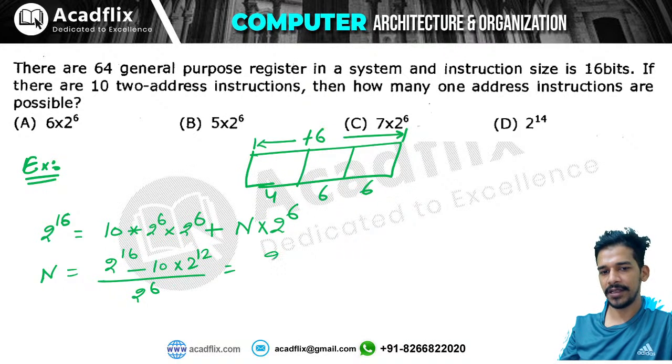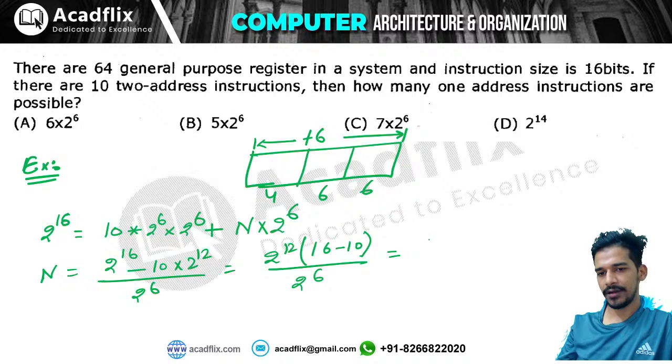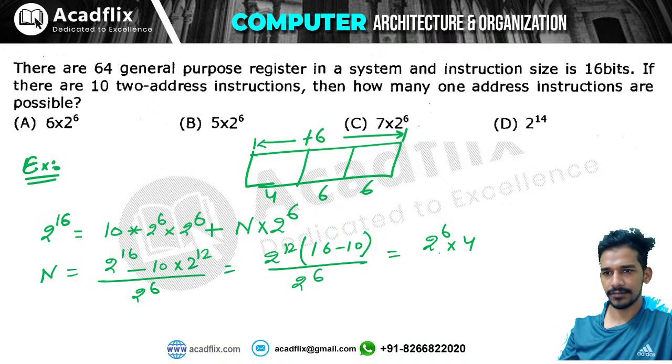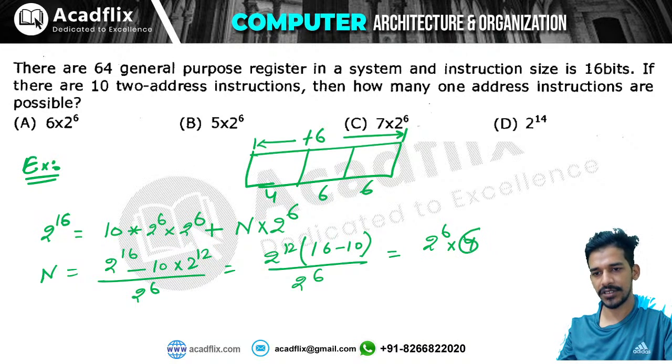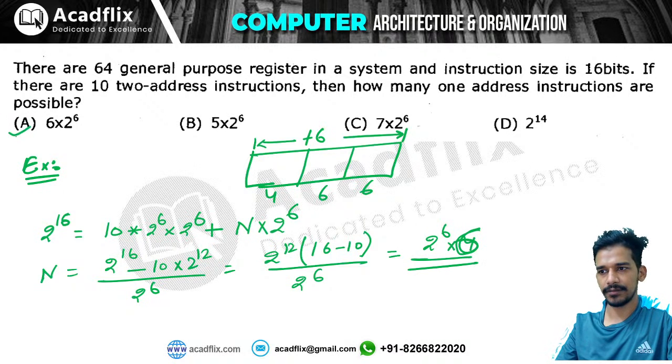Or you can take the common 2 to the power 12 here. This will become (16 minus 10) divided by 2 to the power 6, or you can say 2 to the power 6 into 4. Okay, 4 into 2 to the power 6. That is option A.